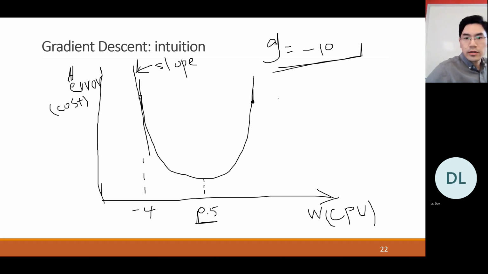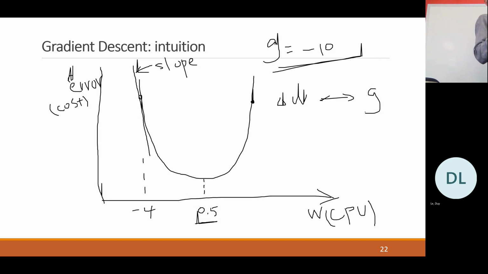So there is a direct relationship between what is going on, delta weight and the gradient. So if the gradient is -10, then you need to move quite a distance before you can reach the optimal region.